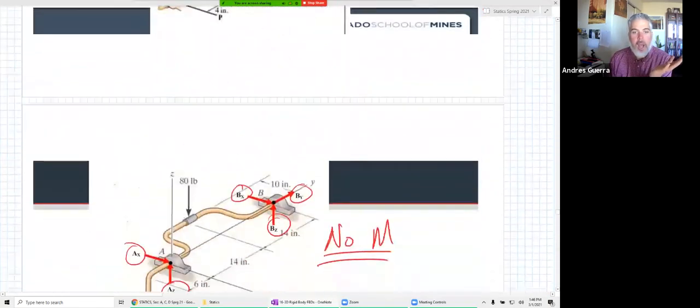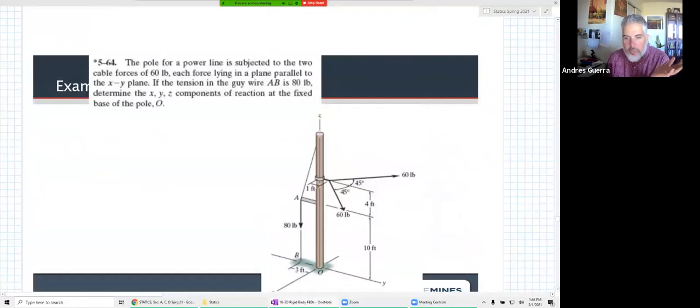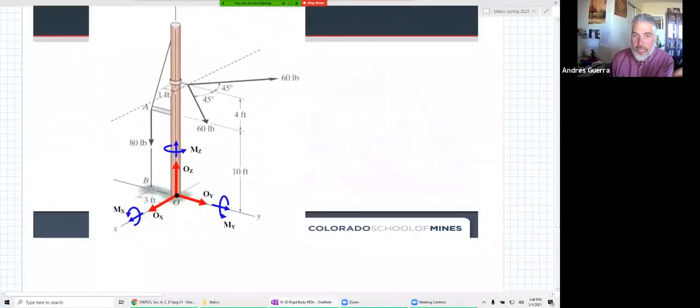Okay, on Wednesday, we'll look at how we start solving this. For example, this problem right here. This is in the supplementary example problems. Take a look at this if you want. We're not going to work this one. We'll work a different one on Wednesday. But basically, we're looking for the XYZ components of the reaction at the fixed base of the pole. Our first step, just like in 2D, is to draw the FBD.